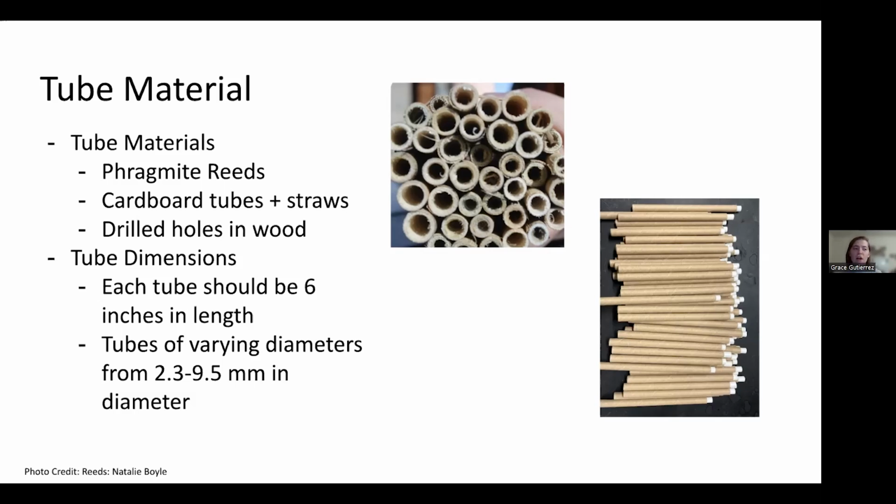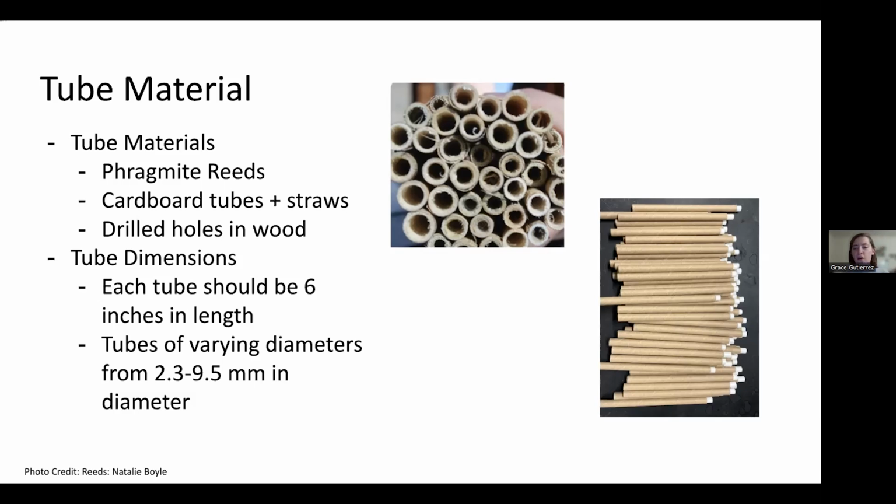And also, if you see more professional bee hotels at an arboretum, they usually have tubes of varying diameters. So I always like to say, put tubes of varying diameters in your bee hotel, and the average is between 2.3 and 9.5 millimeters in diameter. The size of the tube honestly just corresponds to the size of the bee that will be nesting in there.